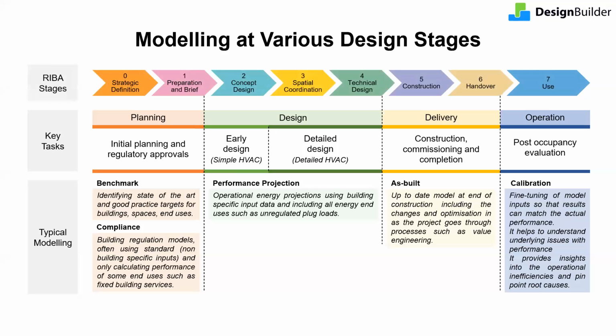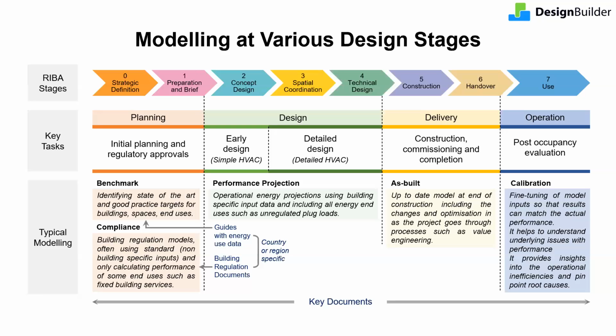This is how the tasks link to the well-known project type of stages. And I have taken these stage markers from RIBA project stages, but I've assumed it's similar in most places, AIA or with any other bodies. The key guidance on each of these modeling types discussed here can be found in multiple industry guidance documents, such as there are guides and documents for benchmarking and also for regulatory compliance modeling.